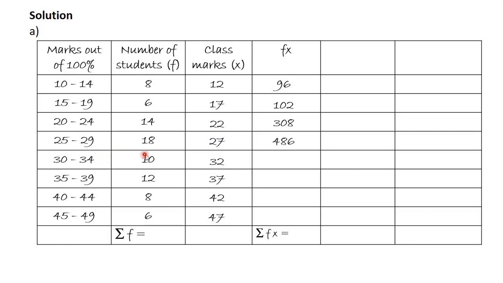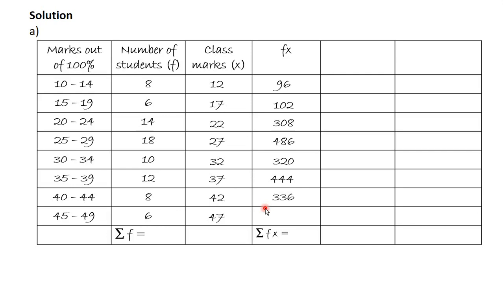10 times 32, that's 320. Then 12 times 37 is 444. 12 times 42 is 504.